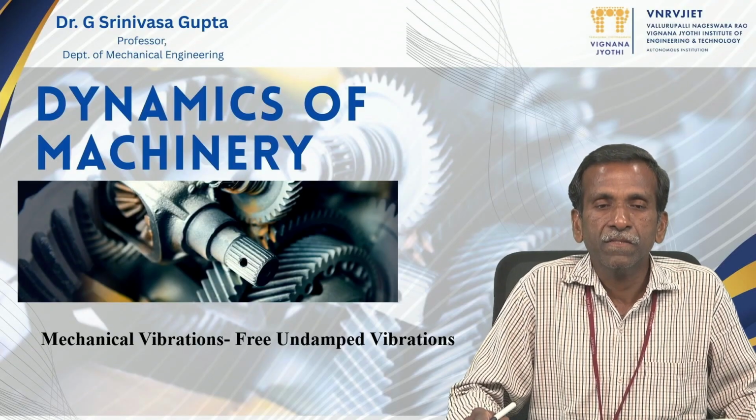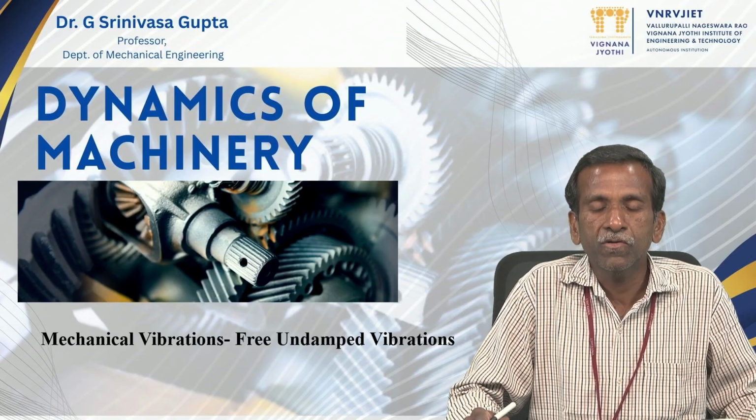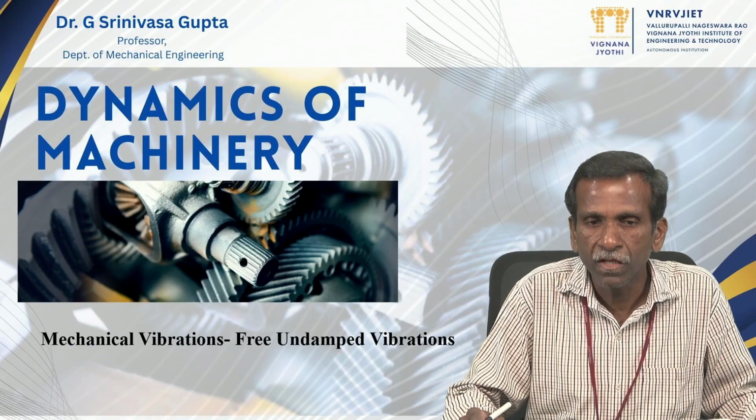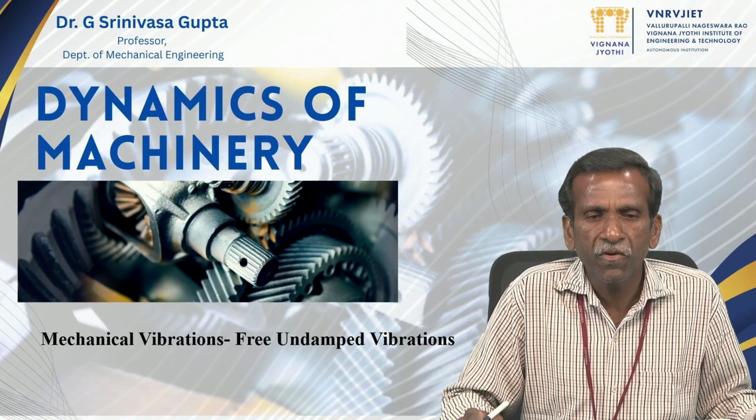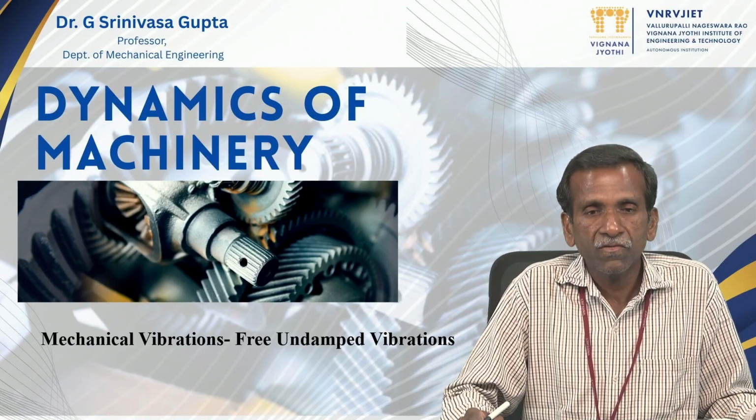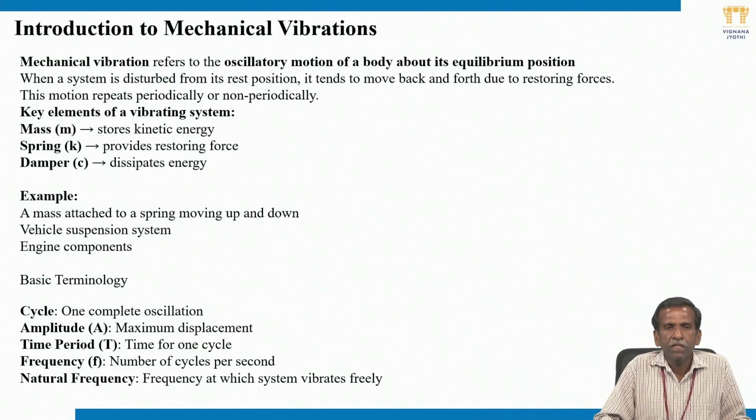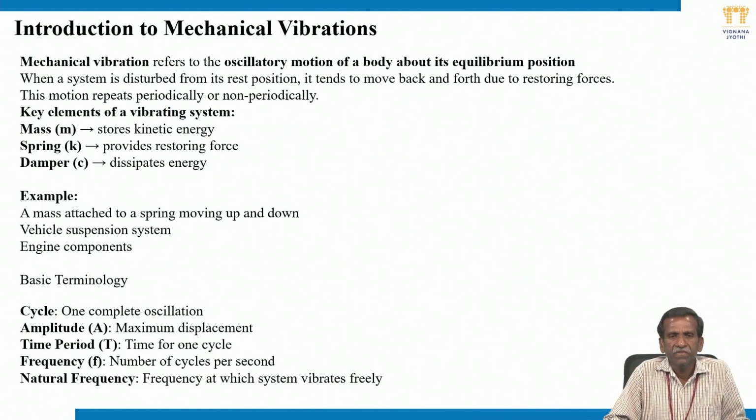As a part of the Dynamics of Machinery course, today we are going to see, in a more elaborated way, free undamped vibrations. As we have seen previously, what are vibrations? It is simple oscillatory motion of a body about its equilibrium position. When a body is disturbed from its rest position, it tends to move back and forth due to restoring force.